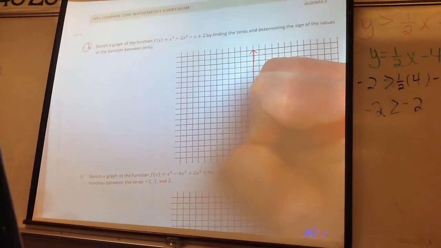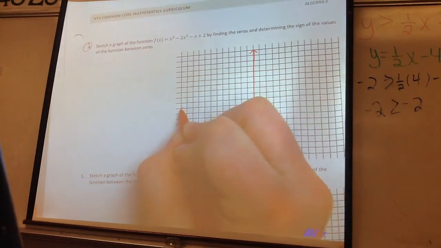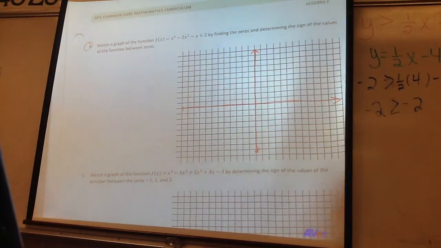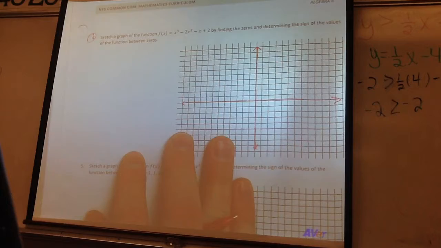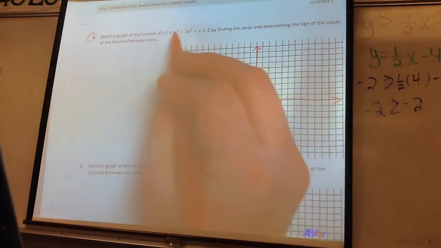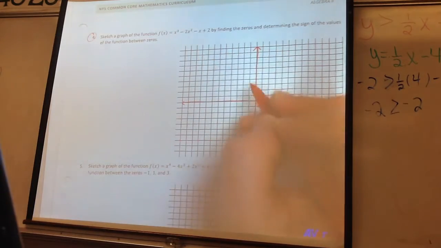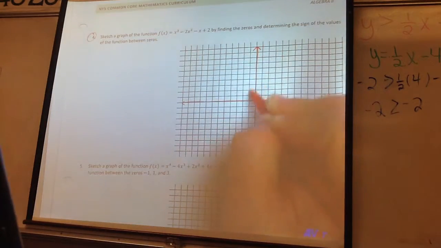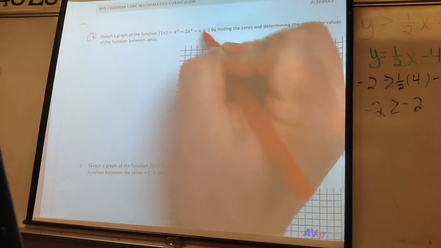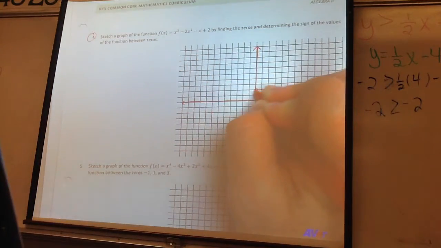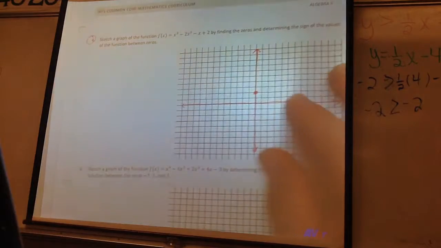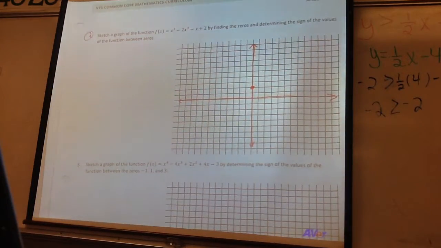Plug in 0 for... What's the y-intercept of this? 2. If you plug in 0 for x, right? When you cross the y-axis, x is 0. Plug in 0 for x, 0, 0, 0, 2. Hey, I know a point. That's cool. What about x-intercepts?